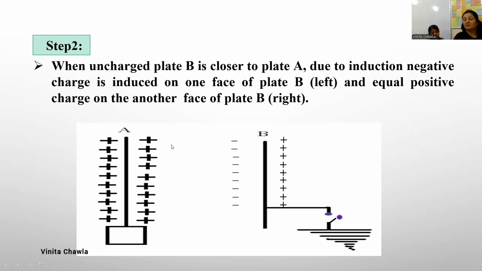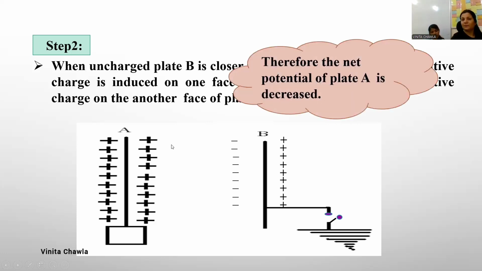Therefore, net potential of plate A is decreased because this plate B is closer. Now, this side of plate B, negative side, is closer, so it has more impact on it. So overall potential of A will be reduced. Now, because potential of A is reduced, now we can give more charge to A.